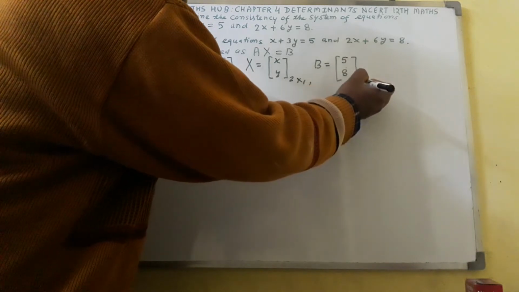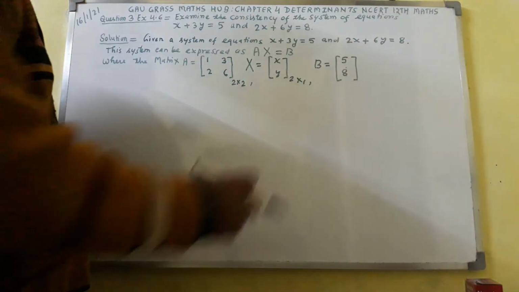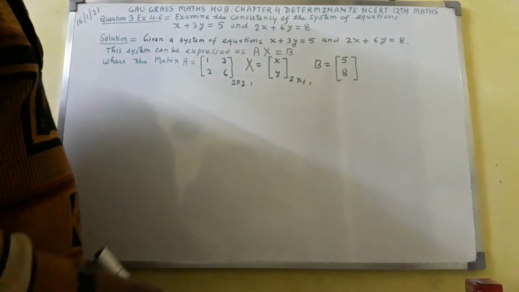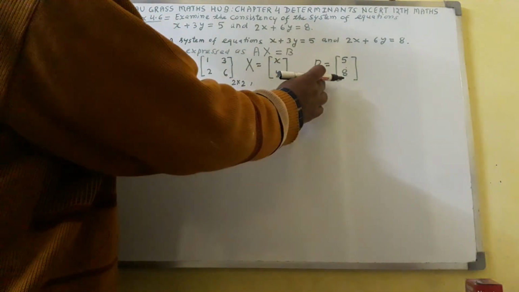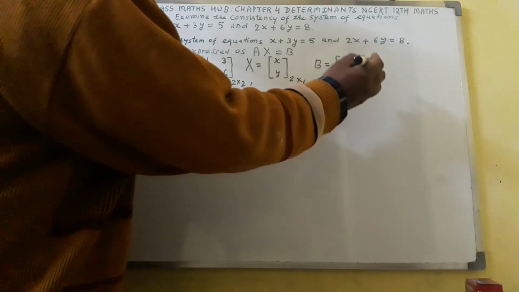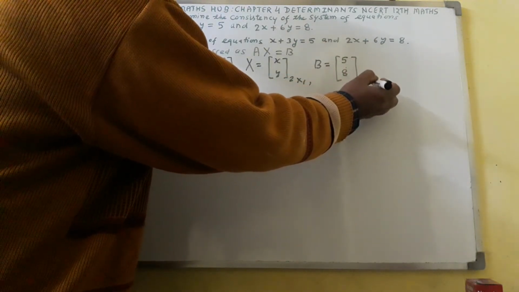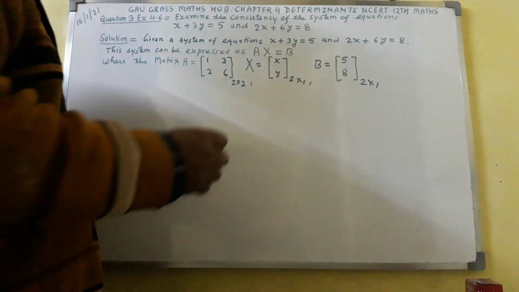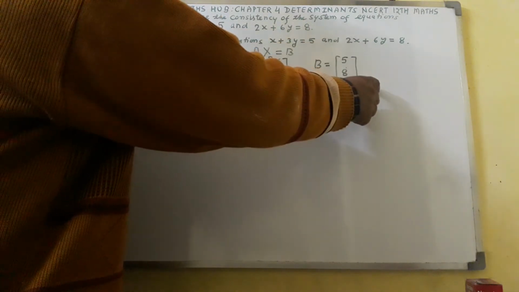So you have got matrix B equal to elements of first row 5, elements of second row 8. This matrix B is of order 2 cross 1, because it has two rows, first row and second row, and only one column. That's why I have written 1.